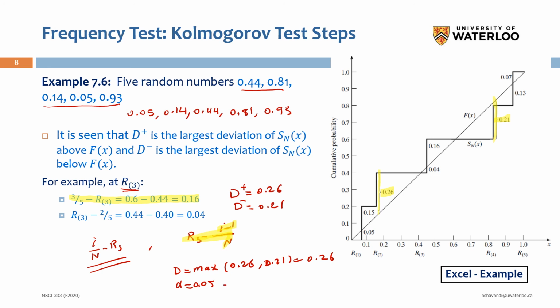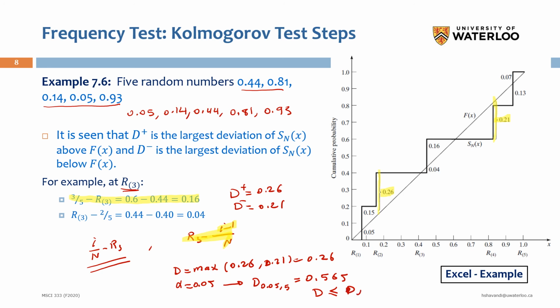If we go to table A8, D alpha for 0.05 and n as 5 is 0.565. As you see here, D is less than or equal to D alpha.